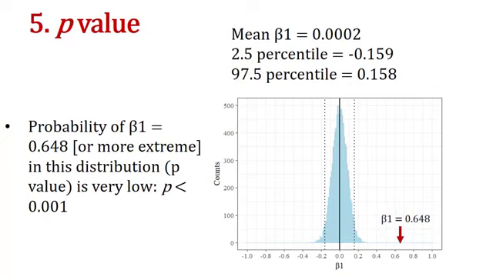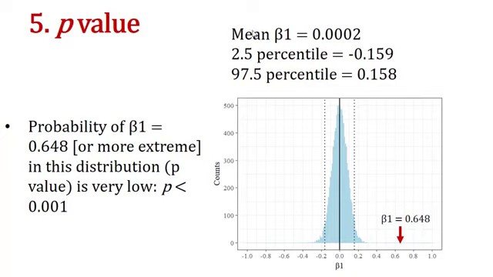Okay, so the p-value tells us how probable it is to obtain this value if in the population the beta 1 equals 0. So it could be that in the population the beta 1 is 0, like we assumed when we developed our sampling distribution, but then by chance in the sample we obtain a very high beta 1 value, and it could be the case that it came from a sampling distribution where the null hypothesis was true.